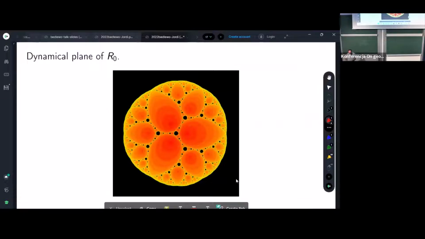We have 0 here, infinity somewhere here, and a period 2 superattracting cycle. Everything looks nice because all Fatou components are bounded by quasicircles. Everything's hyperbolic, everything's very nice in here.